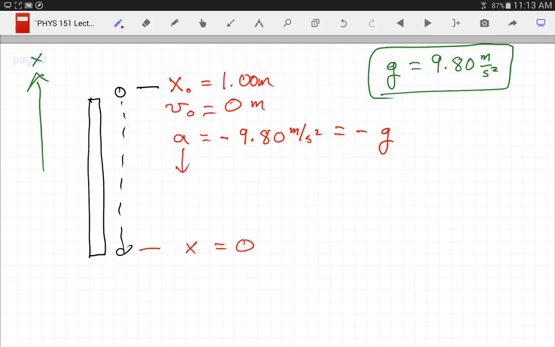Also, the Earth is not shaped like a sphere. The Earth spins, and because of that, it's fatter at the waist, just like some of us. And because it's fatter at the waist, if you're at the equator, you're farther away from the center of the Earth, and the acceleration of gravity is smaller. If you're at the poles, you're closer to the center of the Earth, and the acceleration of gravity is bigger. And so that's where you have your extreme values for the acceleration of gravity, poles versus equator.